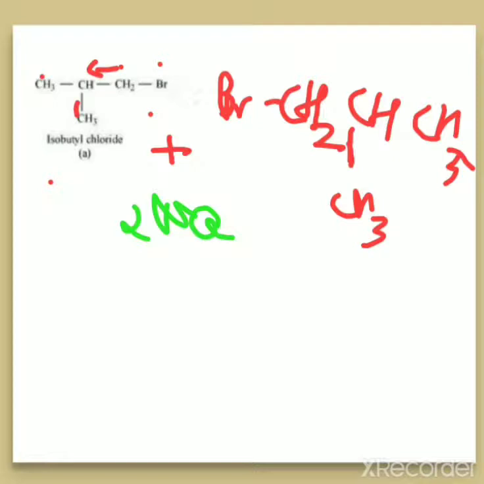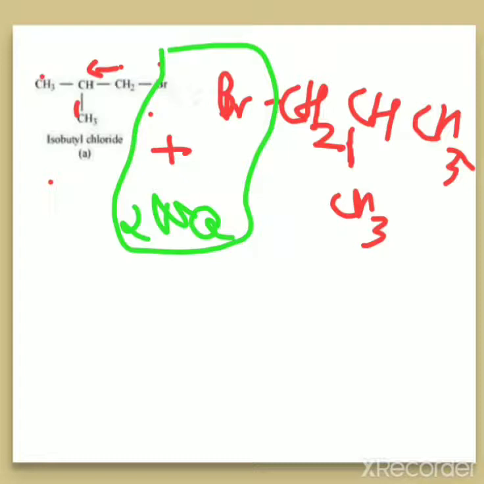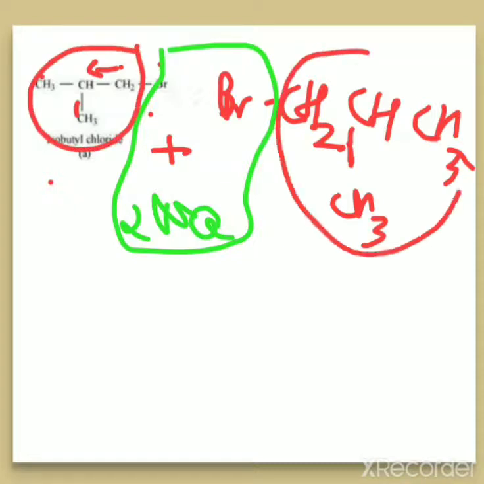Now we'll make the product here. Removal of 1 Br from here, 2 Na, and 1 Br from here, that is 2 NaBr is the side product. So for the main product, I told you, this part and this part will get bound from the same side, where the bond breaks.